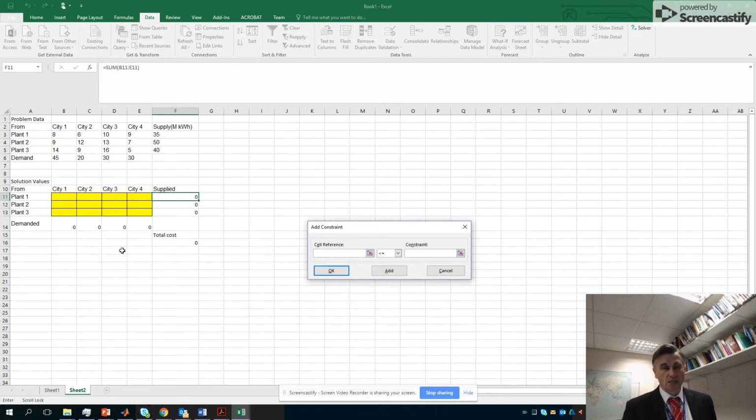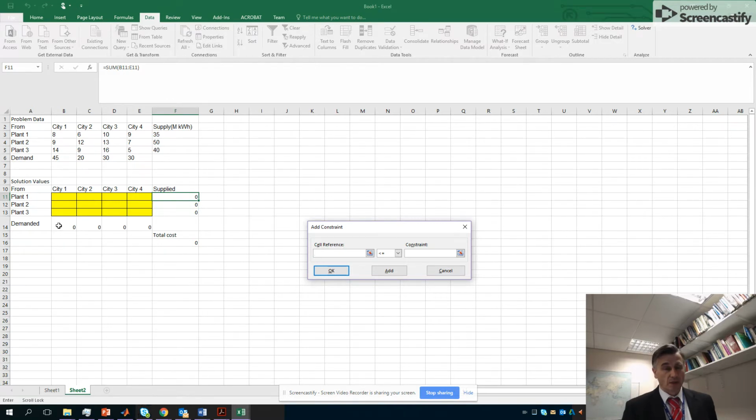The first thing is I'd like the amount demanded, the total given to each city, to be equal to this number. So I want this number to be equal to, or let's say greater than or equal to. So I'd like city 1 to be given at least 45 units.